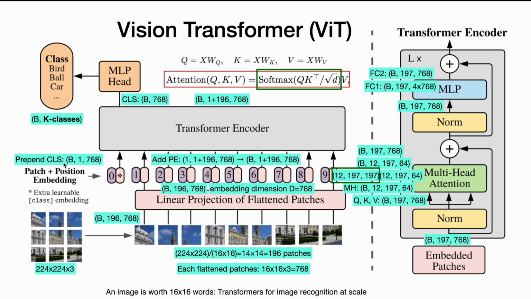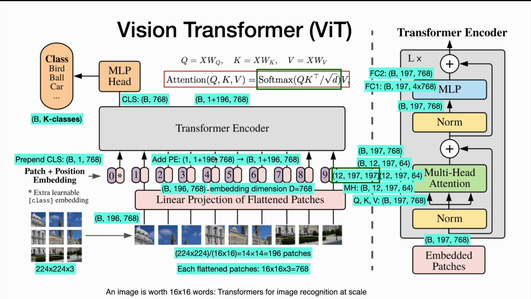Also, we prepend a CLS token, which is also represented as a single 768 dimensional vector, and we also add a positional embedding 0 to differentiate this CLS token from the rest of the patch tokens. So for all of the batches in the input, we have one positional encoding to add to the CLS token.